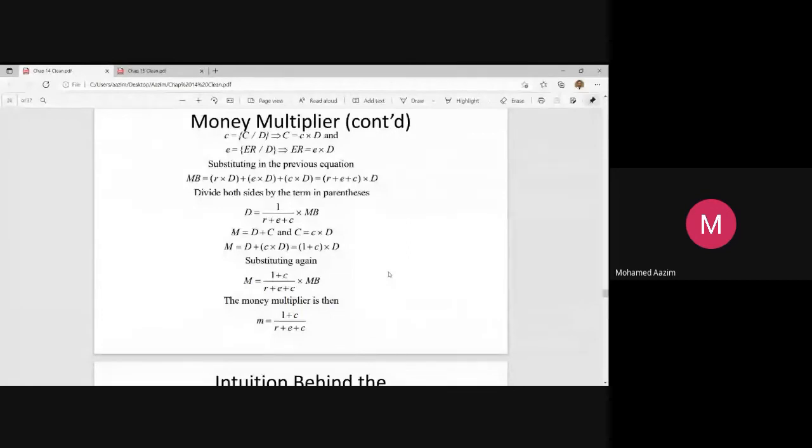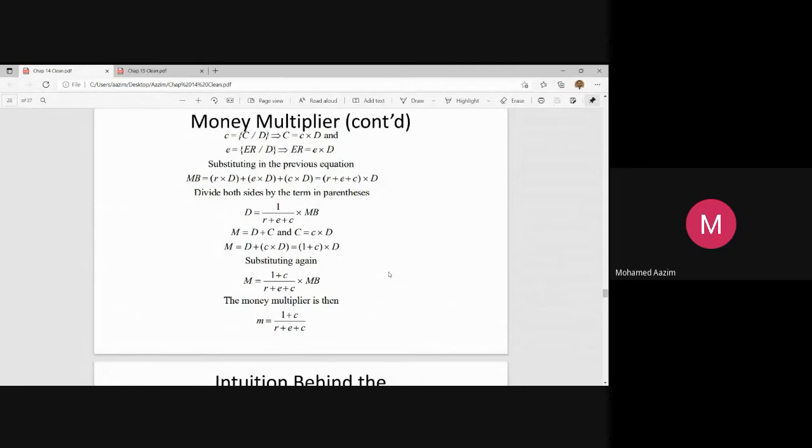The variables represented within the monetary base are required reserves, excess reserves, and currency. So you can derive these by looking at the respective ratios. In the case of required reserves, it is required reserve ratio times deposits.